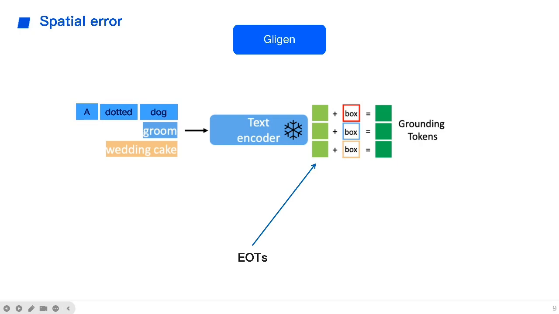Due to the contrastive training objective, the EOT token is good at capturing coarse semantic meaning. However, it largely ignores fine-grained details.